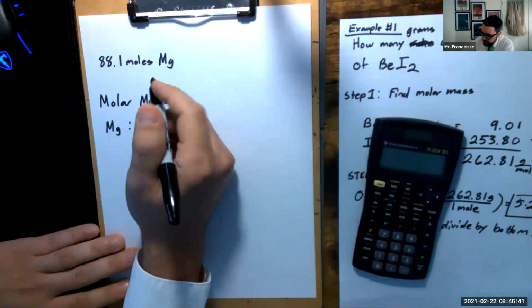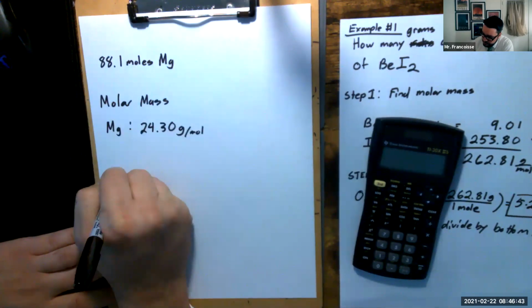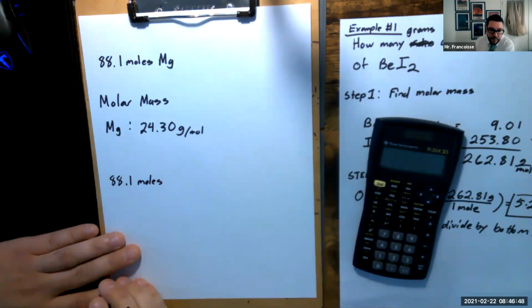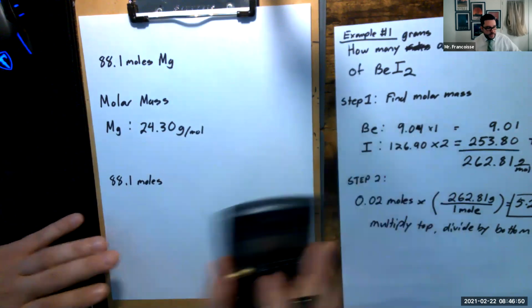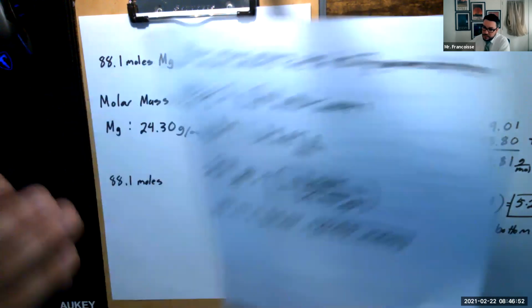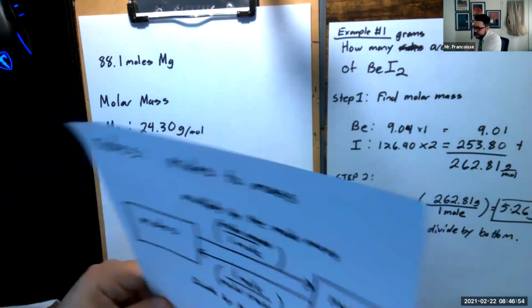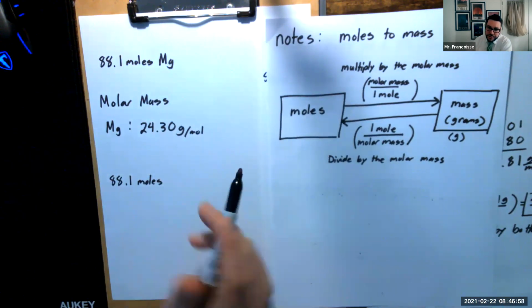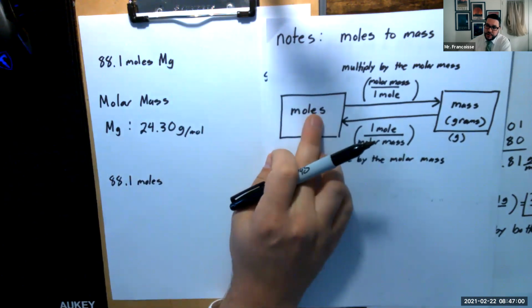So we're going to start with what we're given, 88.1 moles. And we're going to use this molar mass. So let's look at our map to help us out. We're starting with moles, so we're here. We want to go to mass.